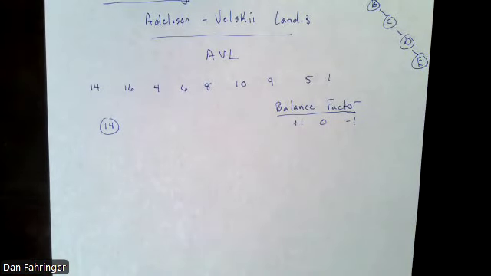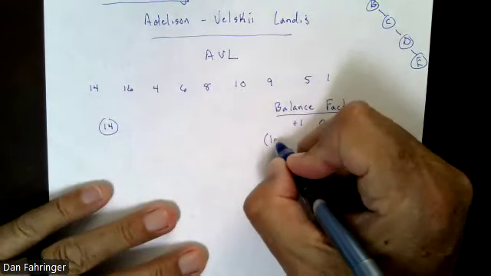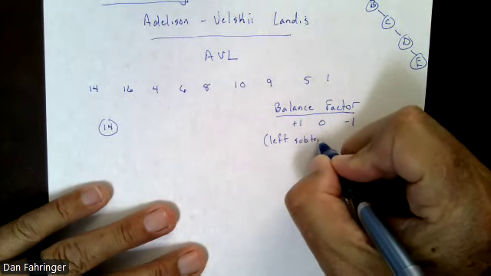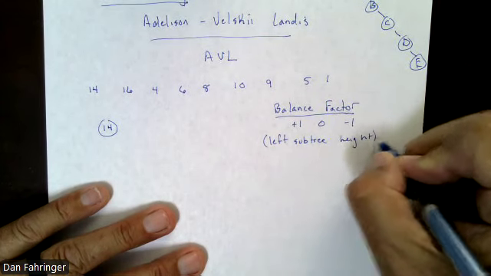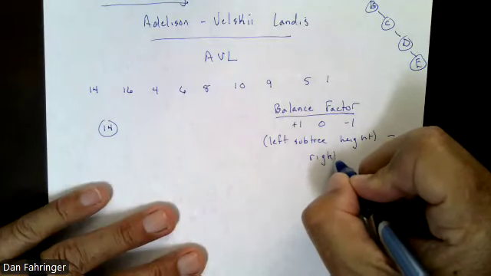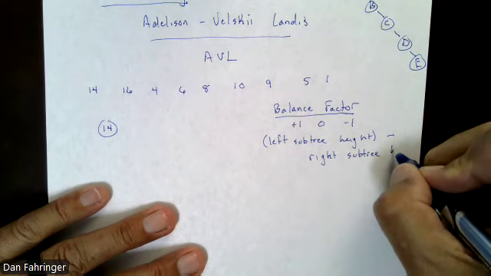And this is laid out in the book. How do I get a balance factor? I take the left subtree height and subtract the right subtree height.